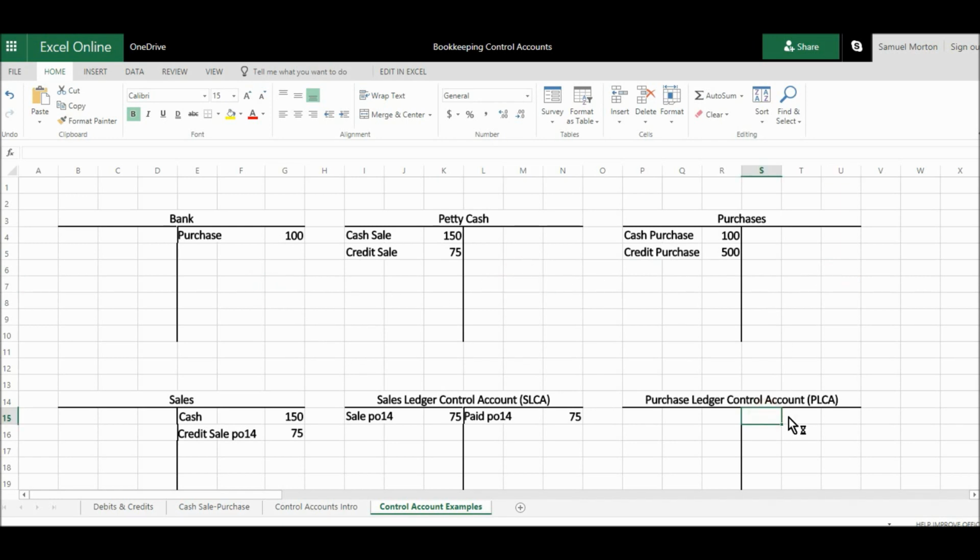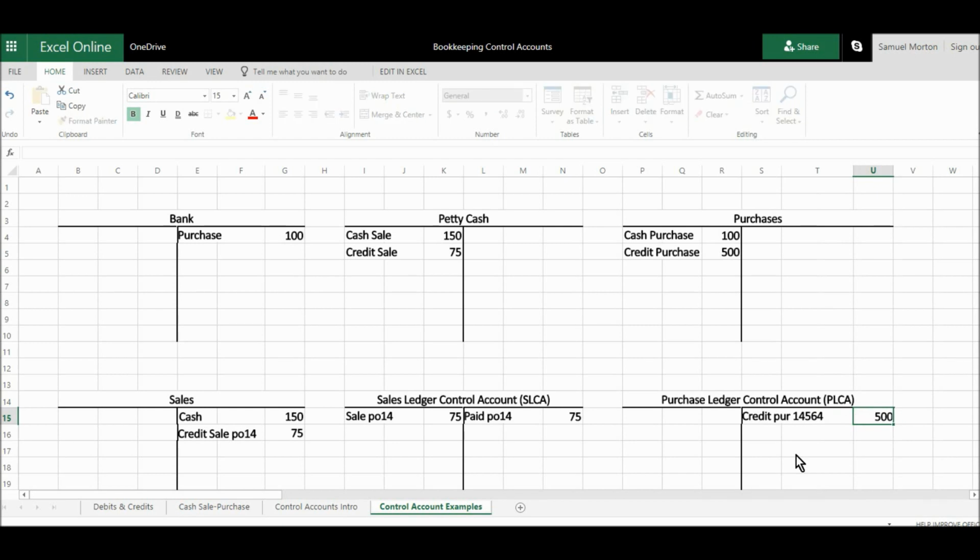The credit goes into the purchase ledger control account. So as we did before, let's put our account number in. I don't want to confuse things now with monetary amounts and references. So it's 500, and there we have it.